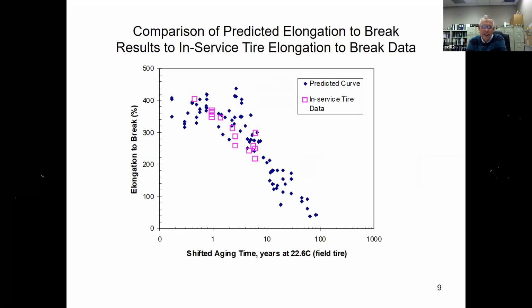You want to try to identify the most critical part or property. For some it might be compression stress relaxation, or for others it might be crack growth resistance. Elongation to break is easy, and if that works for you, it's really great.